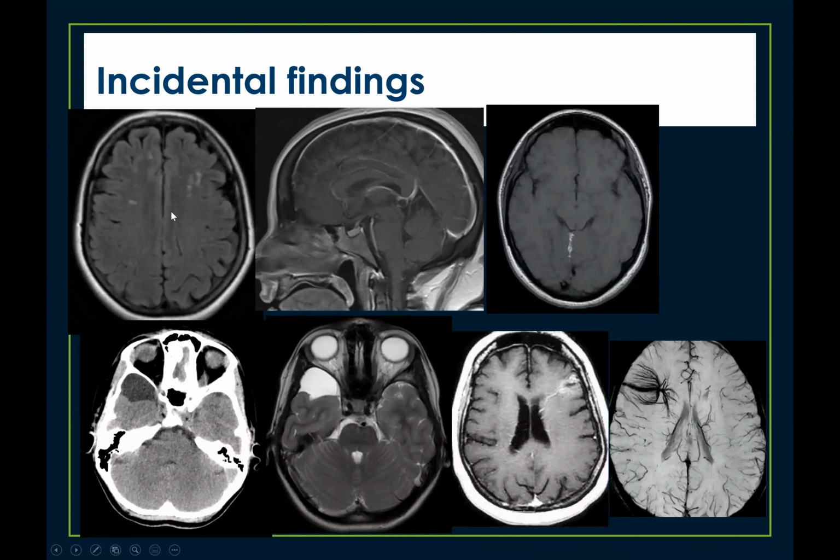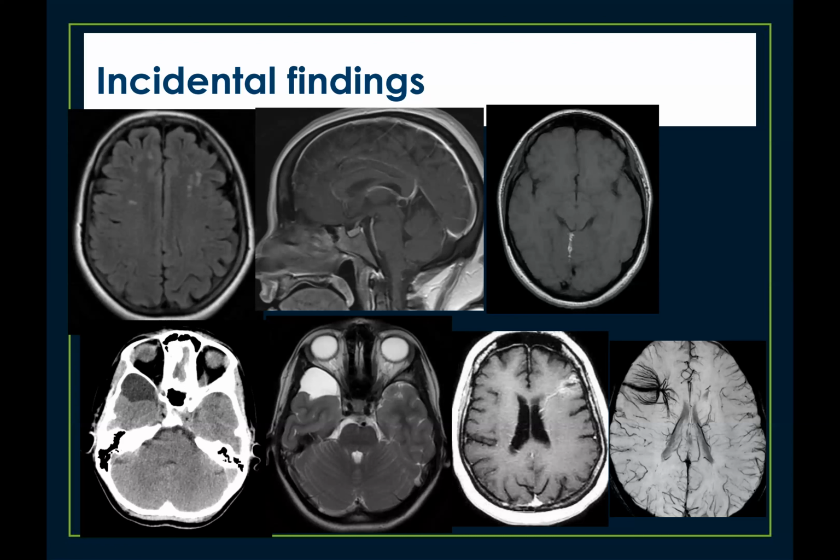It is known that patients with migraines have a higher incidence of these non-specific white matter T2 hyperintensities at an earlier age compared to chronic small vessel ischemic disease that we see usually after the 60s. This can happen in patients with migraines in their 30s, and we have to be reassuring.